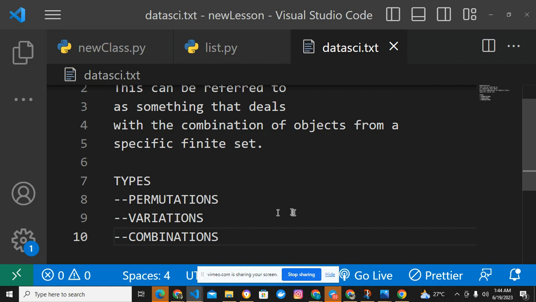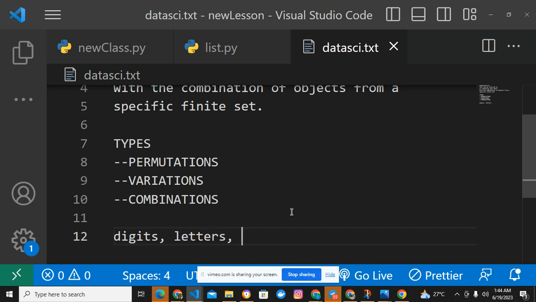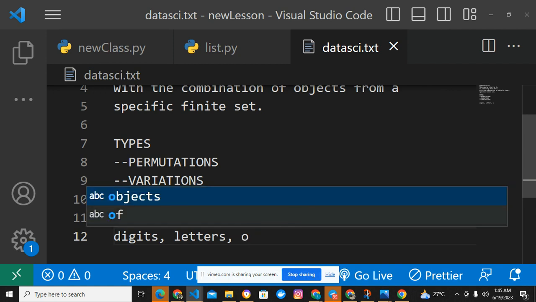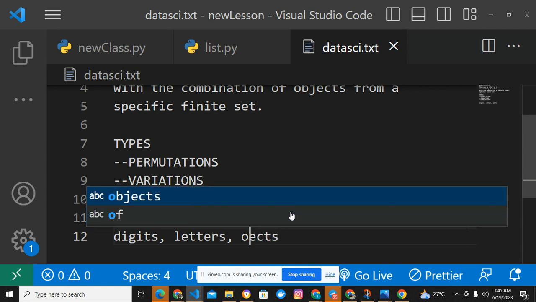The elements you are referring to here can be digits, letters, objects or even humans.